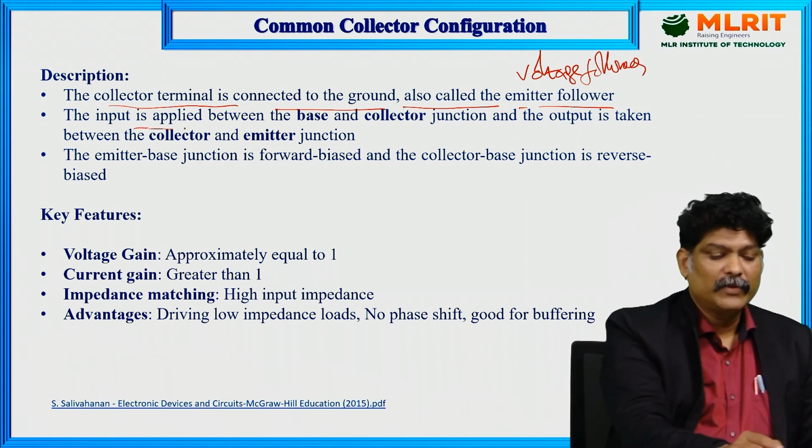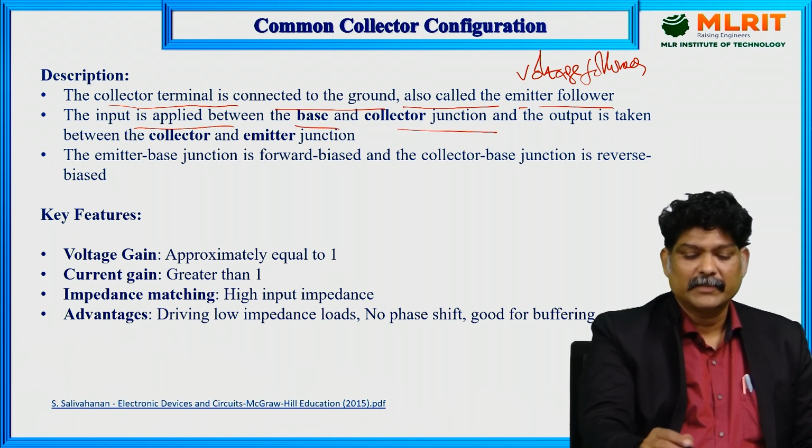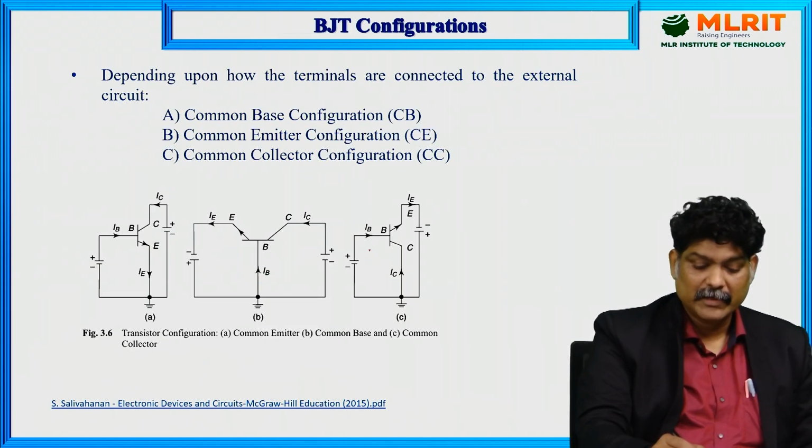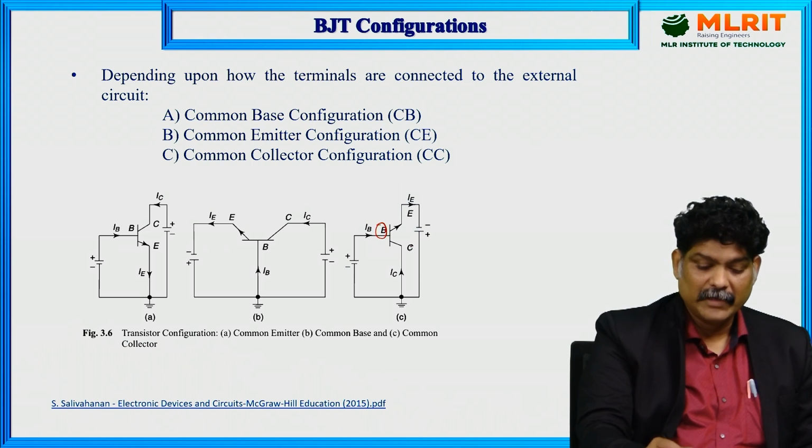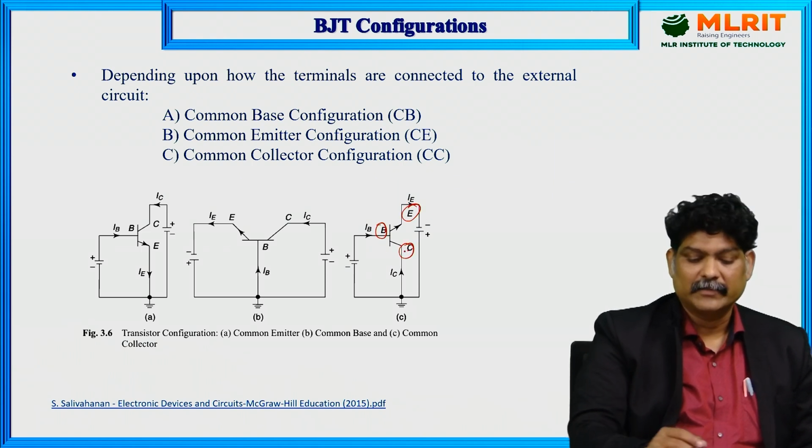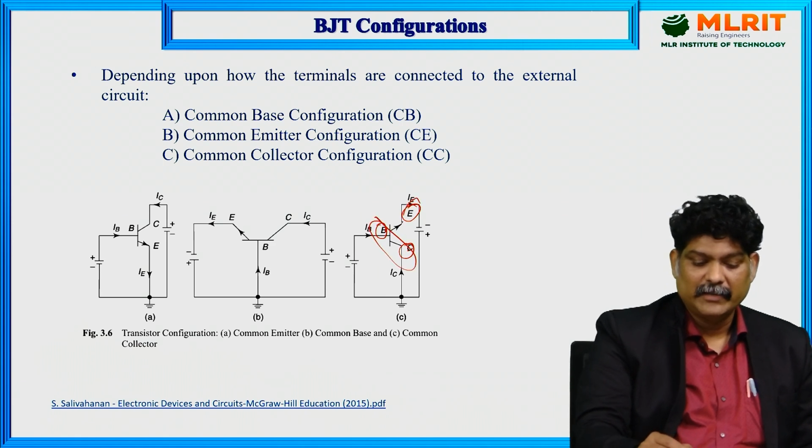Here the input is applied between base and collector, and the output is taken across emitter and collector. So this is the input side and this is the output side.